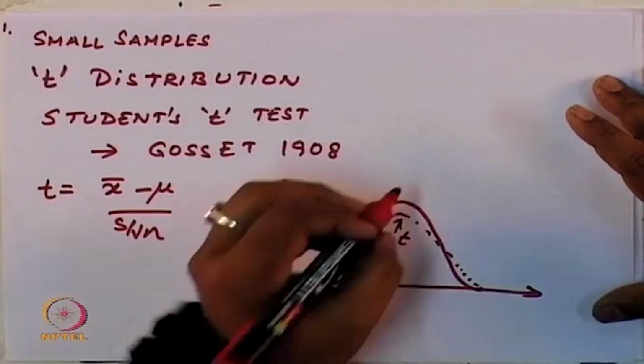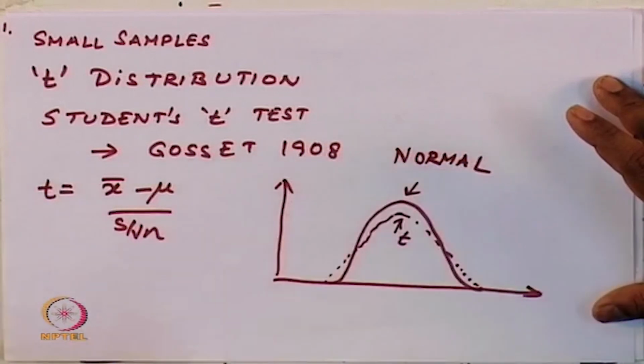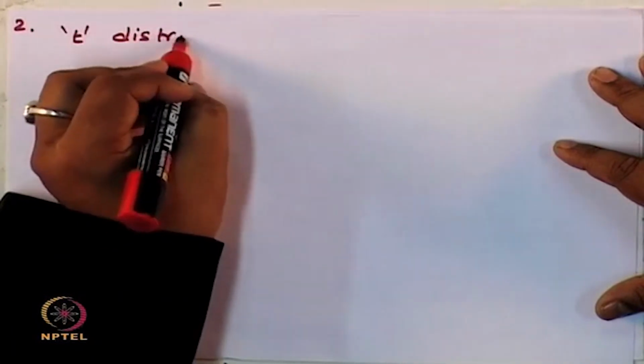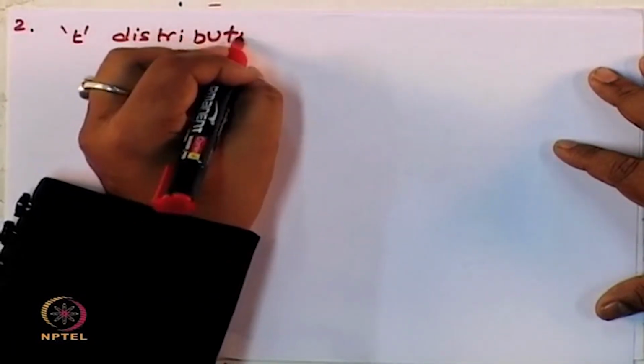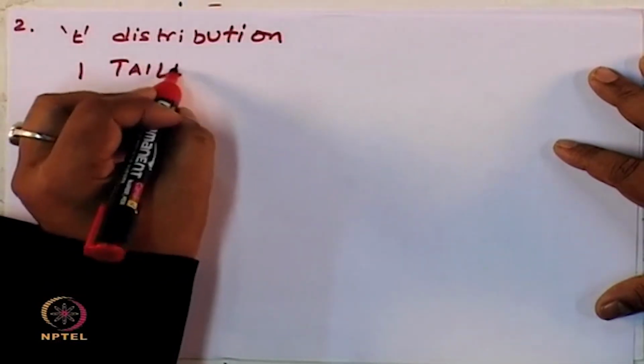So, this is your t and this is your normal distribution. And just like for the normal distribution, where you had a one tailed or two tailed test, for the t distribution also you have either a one tailed or two tailed test.